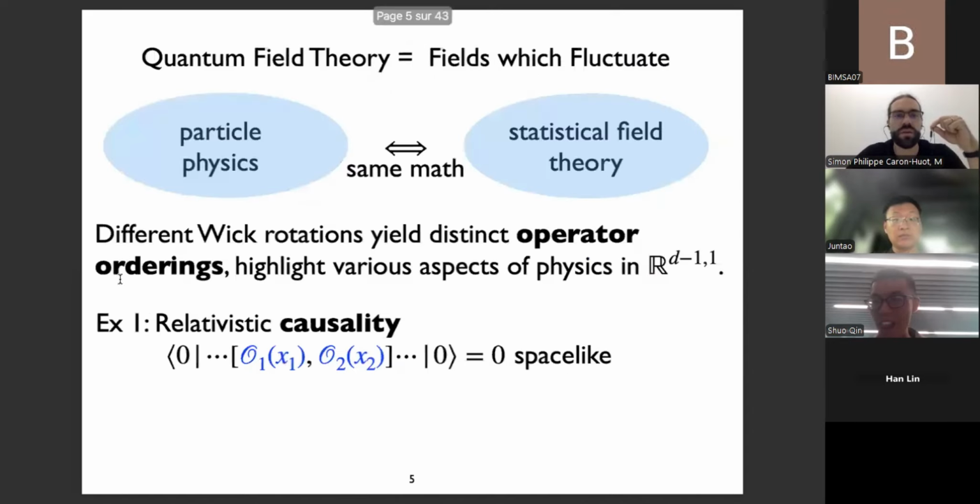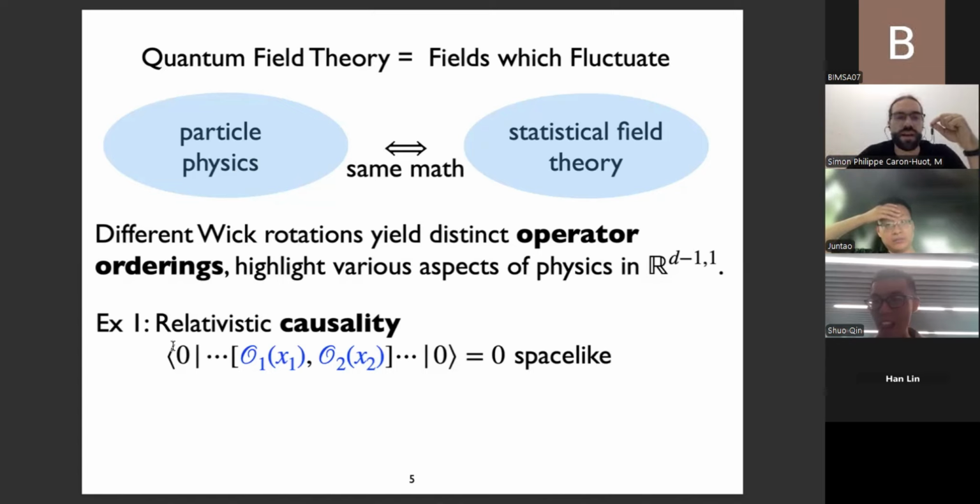What we'll be discussing today is not so much in the context of statistical field theory, but in the context of quantum field theory. I come from a particle physics background. It's almost the same mathematics, except that you have to do a Wick rotation to insert some analytic continuation between the two worlds. But there's a new thing when you talk about physics that has a time direction.